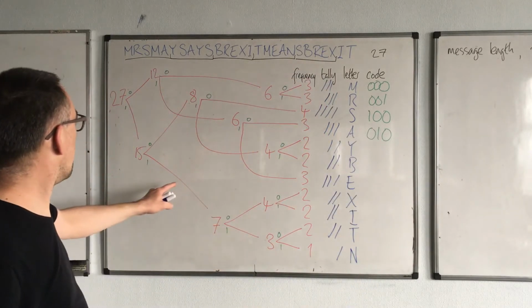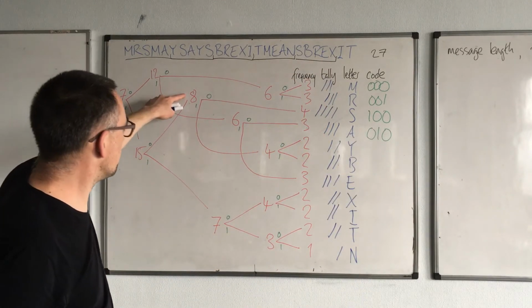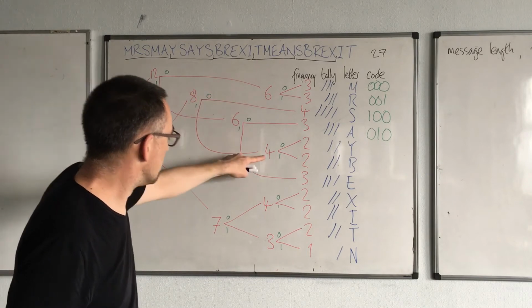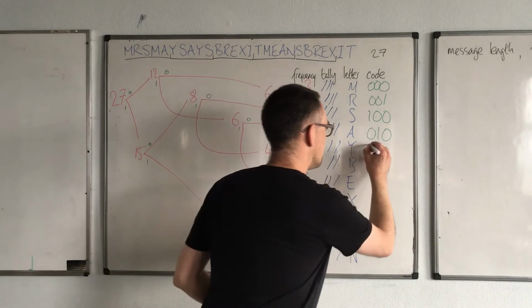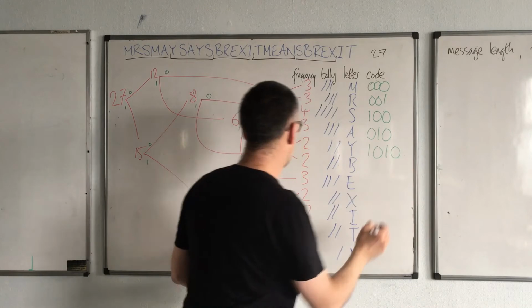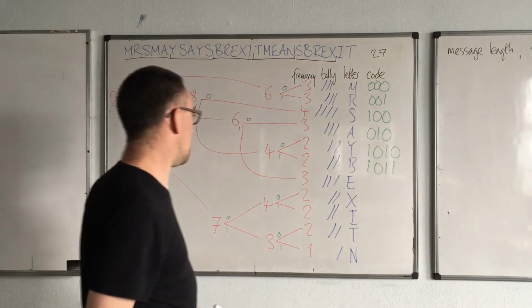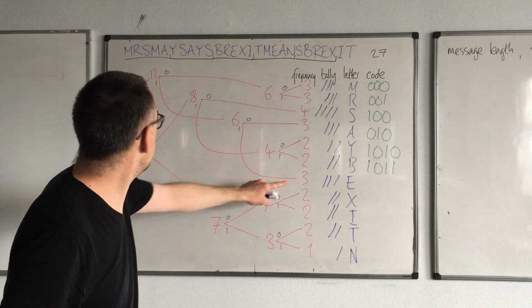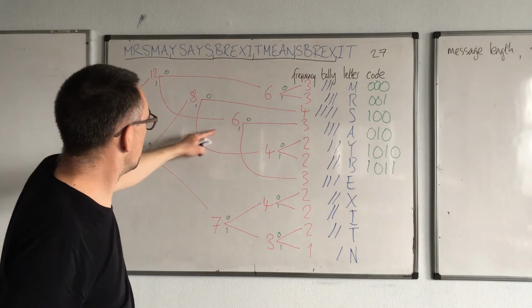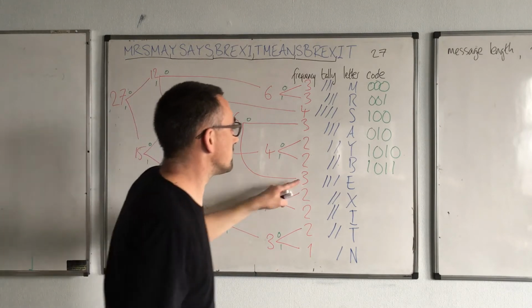The code for Y is 1, 0, 1, 0. And its neighbour B is 1, 0, 1, 1. The code for E is 0, 1, 1.